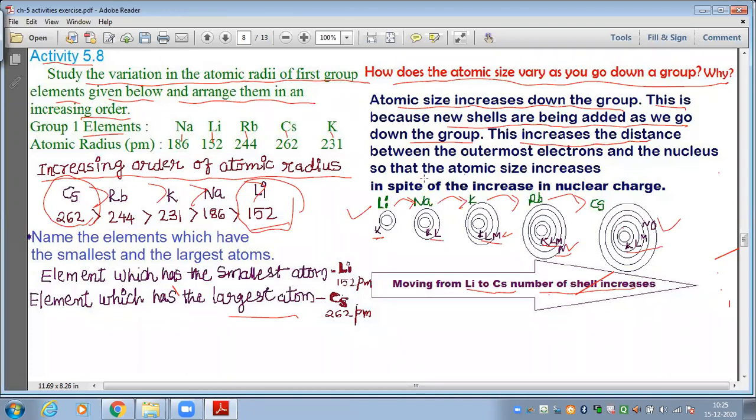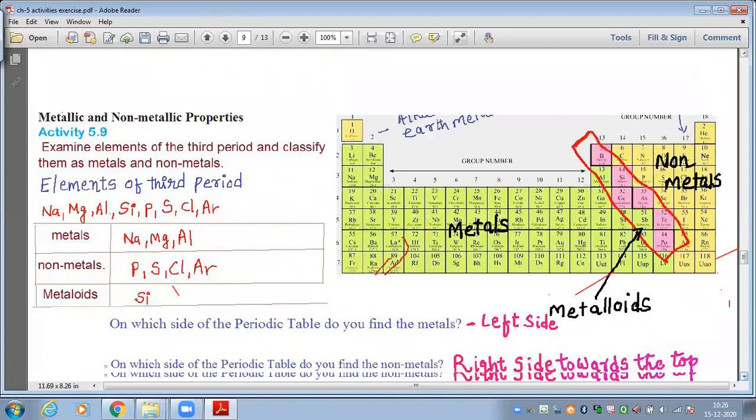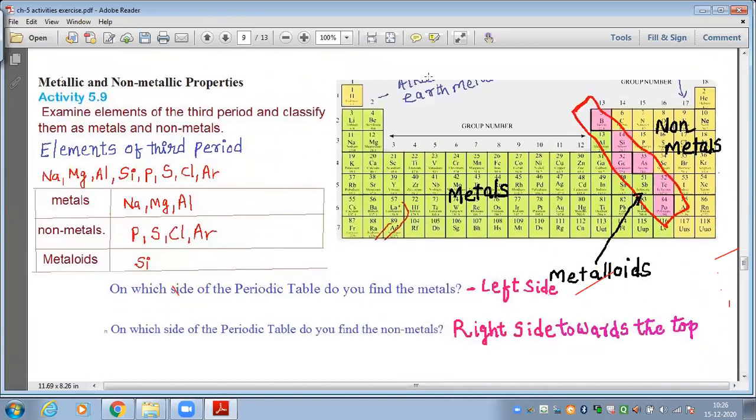This increases the distance between the outermost electron and the nucleus, so the atomic radius also increases in spite of the increase in the nuclear charge. So as you go down the group, the number of shells increases, the nuclear charge increases, the distance between the nucleus and the outermost shell increases, and that is why we can easily understand that the radius increases.